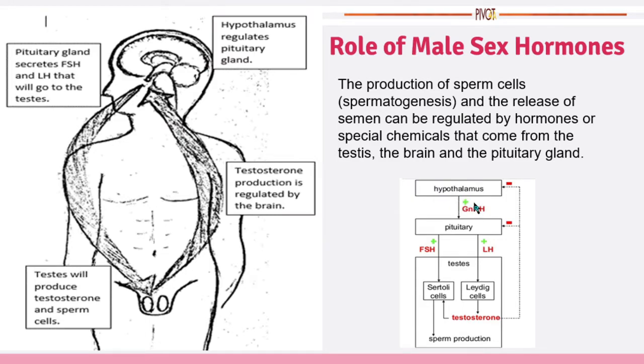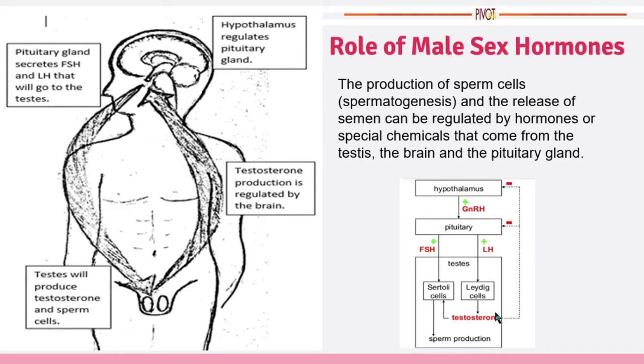When we say positive feedback, it allows the production of a particular substance. And when we say negative feedback, it inhibits or prevents the production of a certain substance.